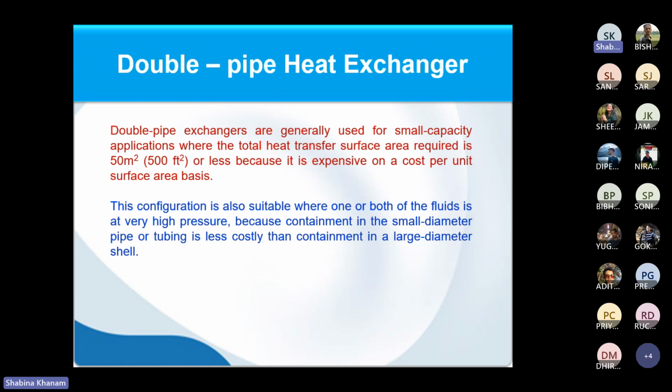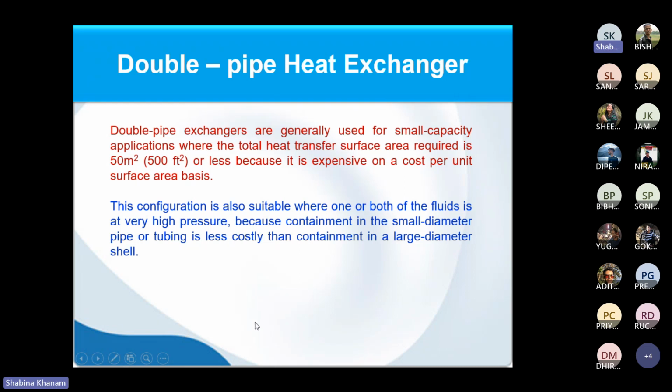So that is the major guideline that you should all remember: 50 meter square and less, we should consider double pipe heat exchanger, otherwise we should choose shell and tube heat exchanger and others.